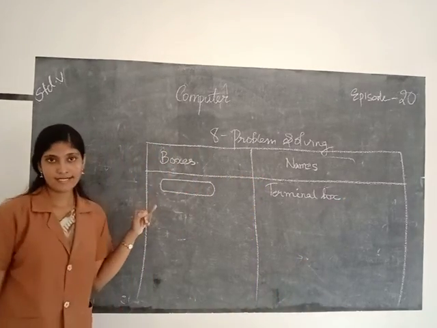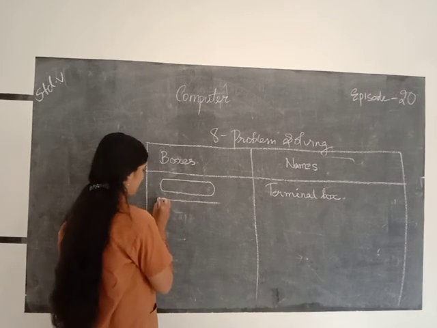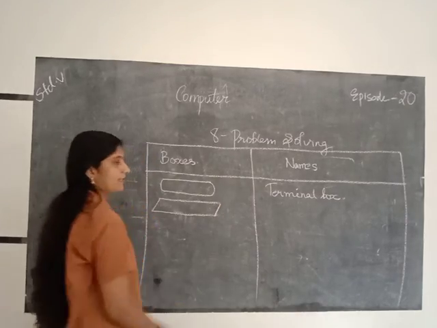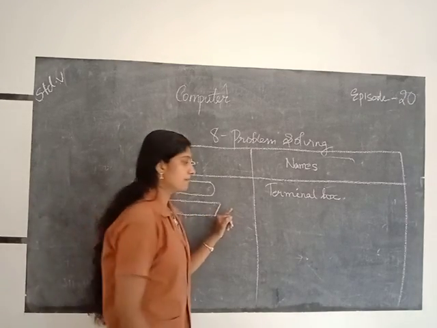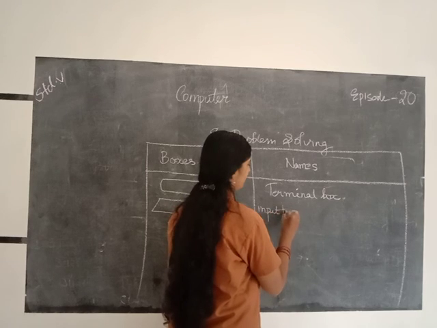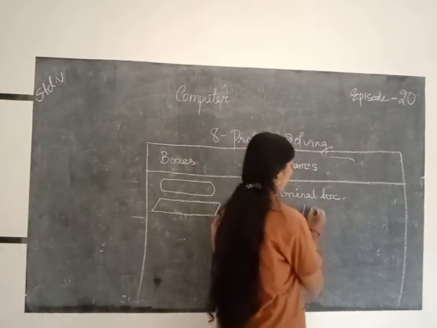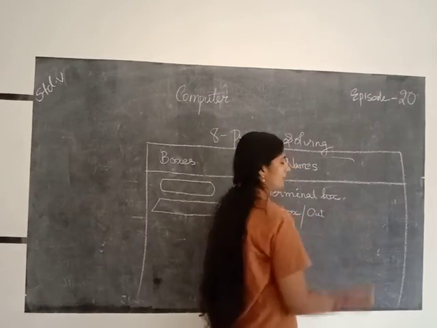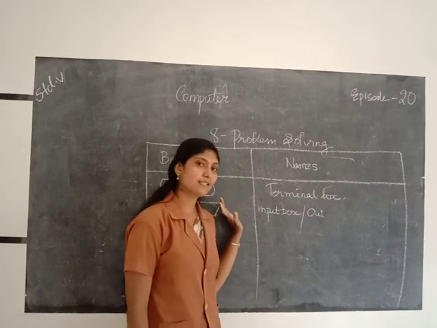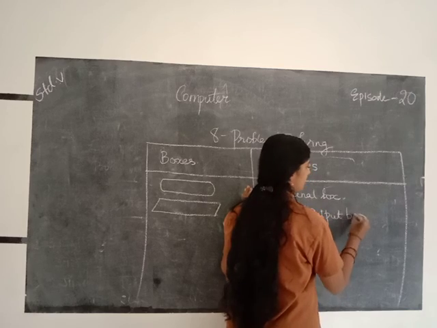Then next box, input or output box. Draw the input box here, and what is its name? Input box, or also we can say output box, because both the input statements and the output statements can be written in that box.